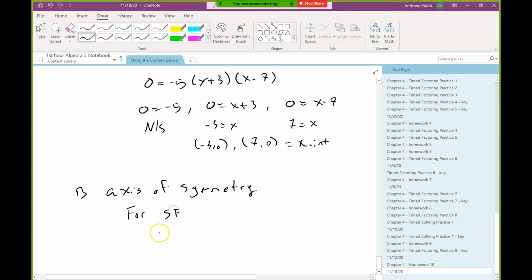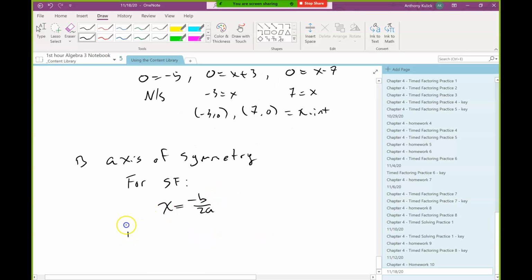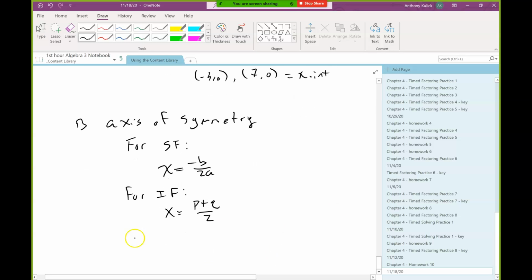So for standard form, we have x equals -b/2a. For intercept form, we have x equals (p plus q)/2. And then for vertex form, we have h.